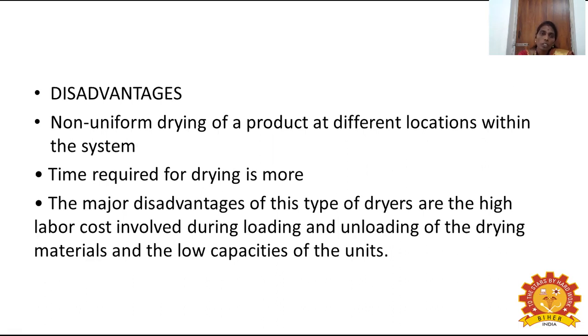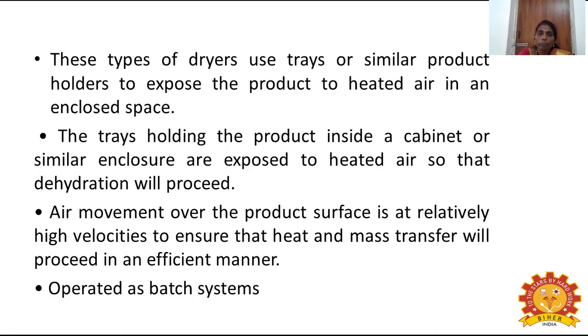Then the disadvantages: non-uniform drying of a product at different locations in the system. The time required for drying is small. The major disadvantages of this type of dryer are the high labor cost involved during loading and unloading of the drying materials and the low capacities of the units.